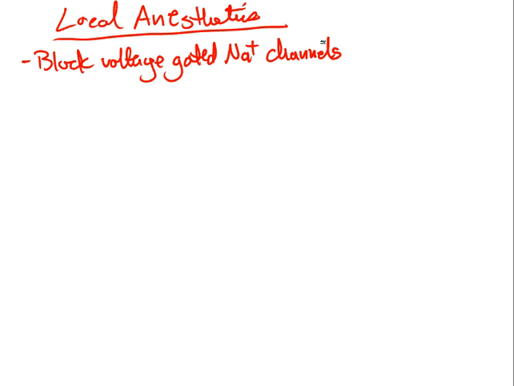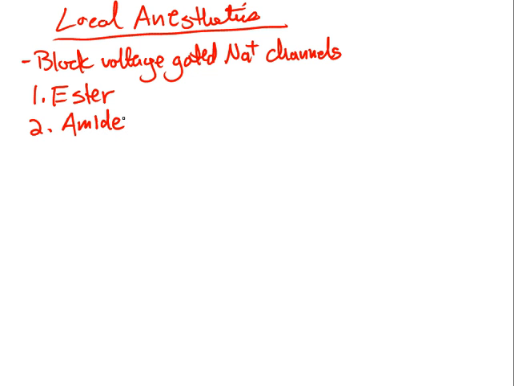Now, local anesthetics are used in epidurals, spinal anesthesia, peripheral nerve blocks, and painful skin procedures. They're classified chemically as 2 things, and this is important. Number 1, an ester, or number 2, an amide.